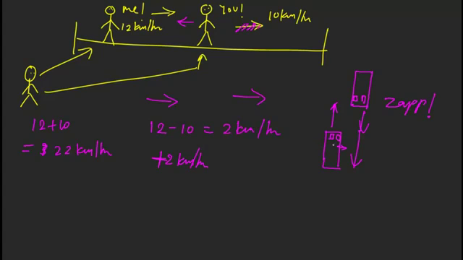Why this happens is because you are traveling in this direction and this car is coming in the opposite direction. The speed at which you see this car is much more than the speed at which it is actually running. Say you are traveling at 50 km per hour and this car is traveling at 60 km per hour. But you would see this car traveling at 110 km per hour. That is because both the speeds get added.